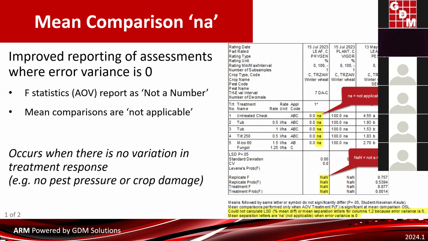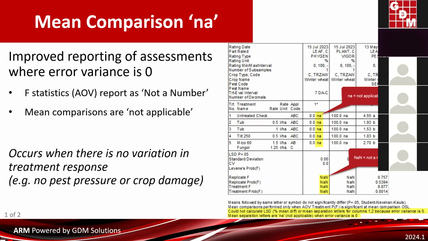So when you have an assessment that has no variation in your treatment response, maybe there was no pest pressure or zero crop damage, so your assessment is literally just all 100 or all zeros, then there is zero variability at all in those numbers, right? So there is really no analysis of variance that can happen. There's nothing to analyze. And so really can't do anything statistically.